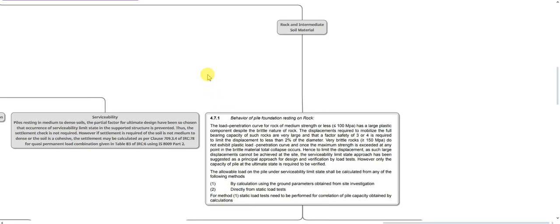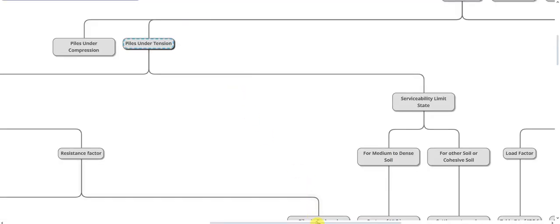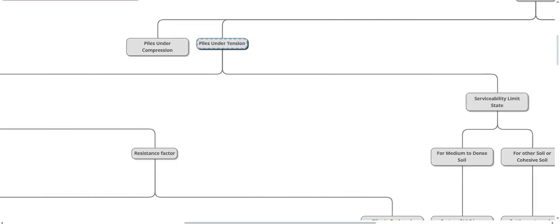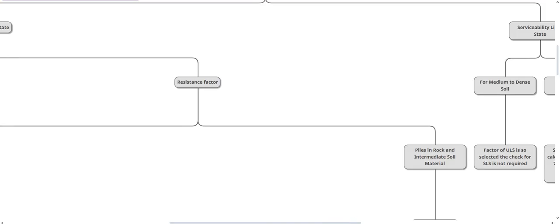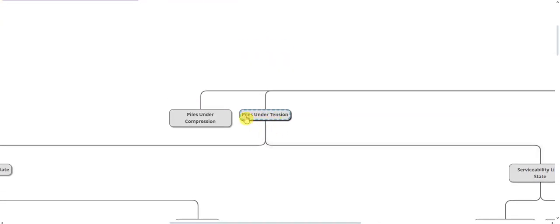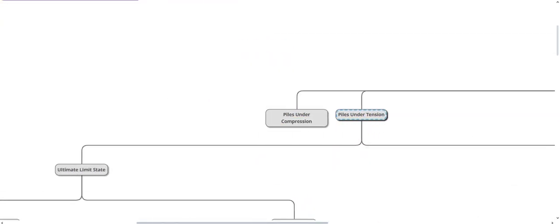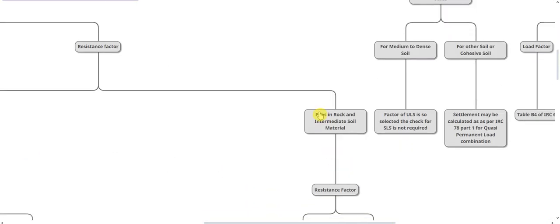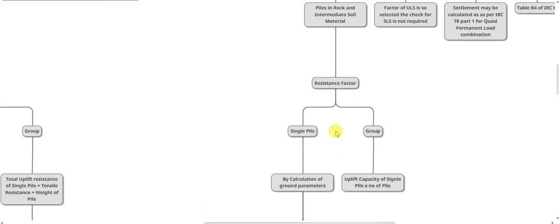Now we shall move forward to the piles resting on rocks but under tension. So here, for the piles under tension, we have the ultimate limit state, the resistance factor, and we move down to the piles in rock and intermediate soil material.